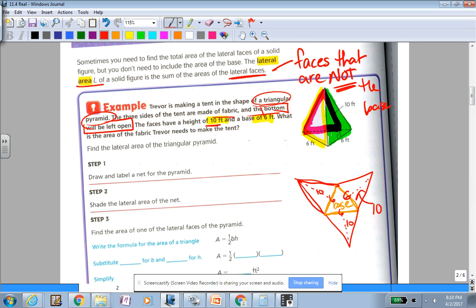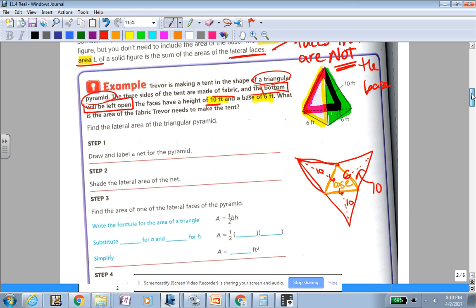But really, when I sketch out a triangular pyramid, although I'm not including the base, in this case all the other faces are congruent, identical to one another. I just have to substitute the 6 in for the base and the 10 in for the height, because here's my formula that I use.